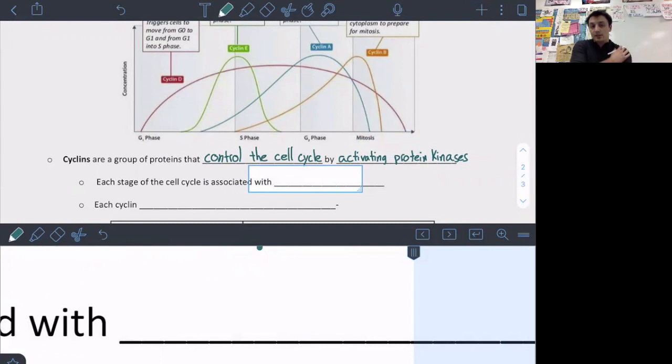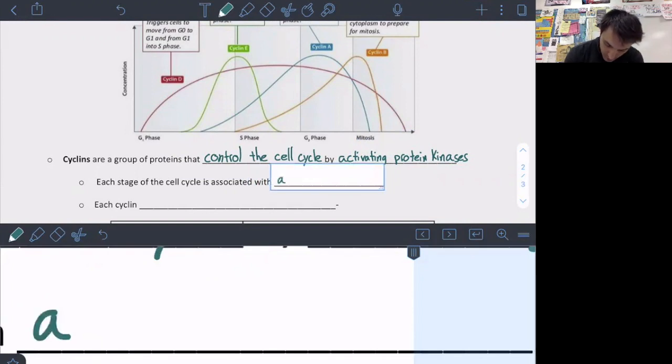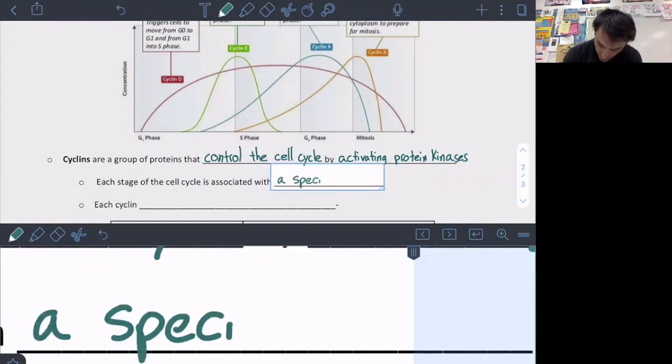Each stage of the cell cycle is associated with a specific cyclin.